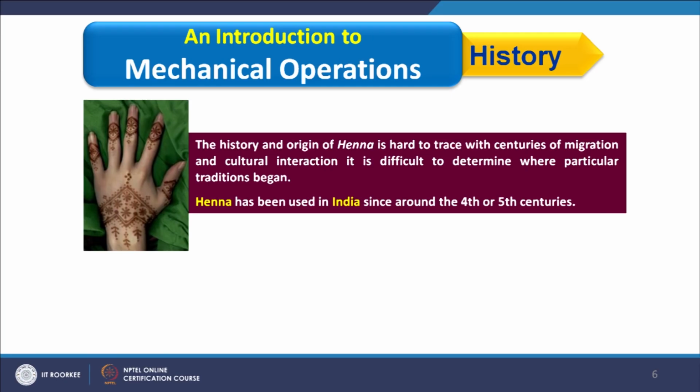Therefore the history and origin of henna is hard to trace, with centuries of migration and cultural interaction. It is difficult to determine where particular traditions begin. If I consider henna, it has been used in India since around the 4th and 5th century. So you can understand how long we have been associated with mechanical operation.